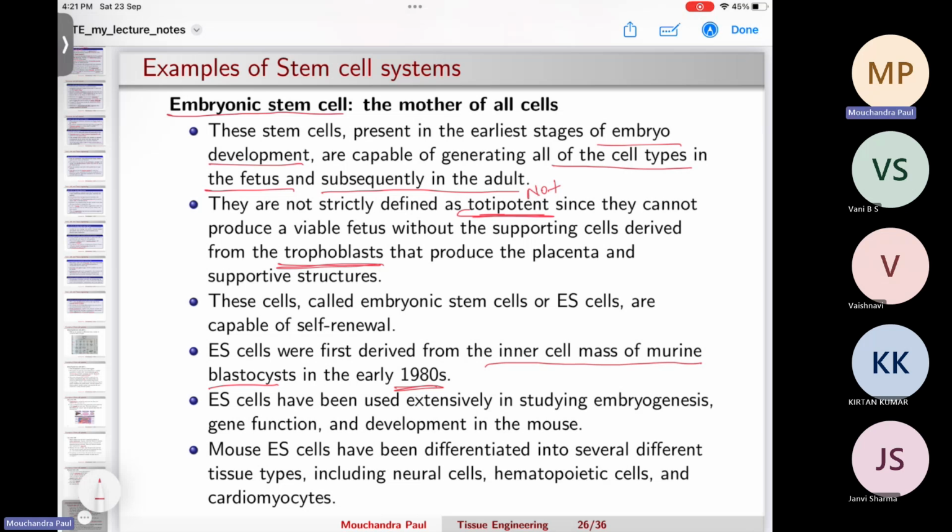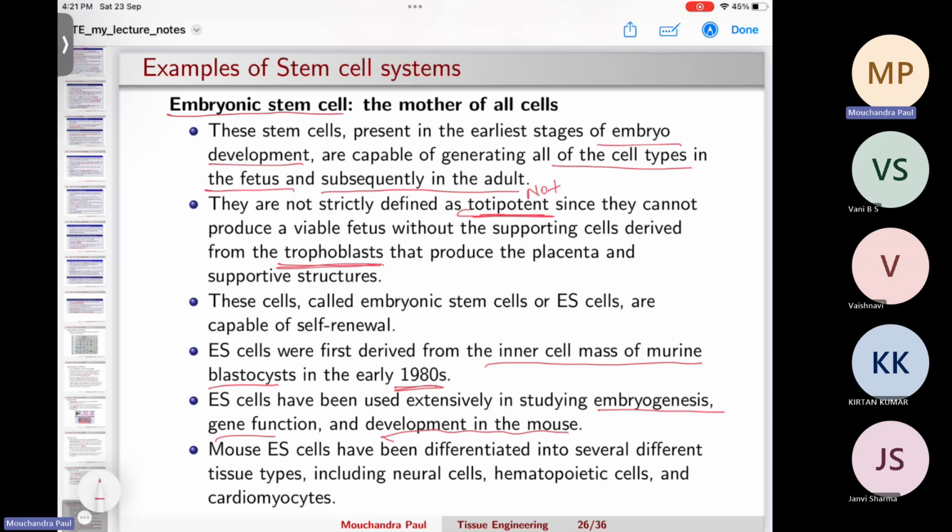And from then on, people have used these embryonic stem cells for studying embryogenesis, that is the process of development of the embryo, then gene function, and developmental processes basically.